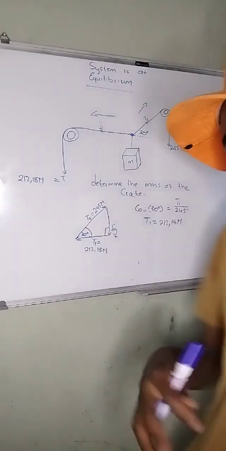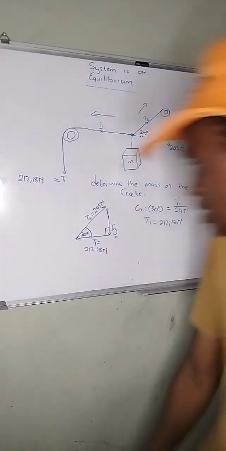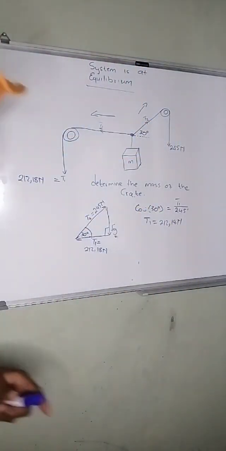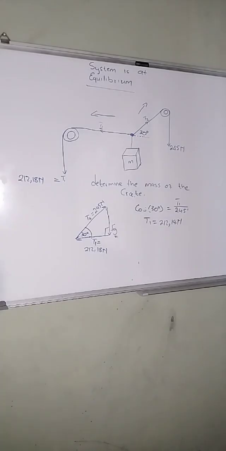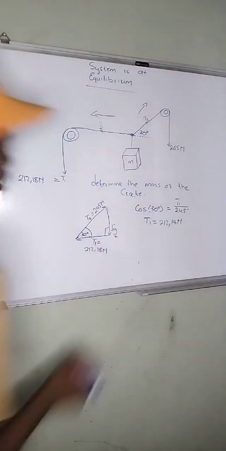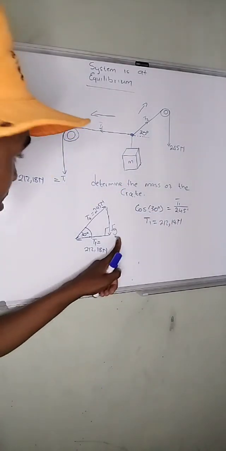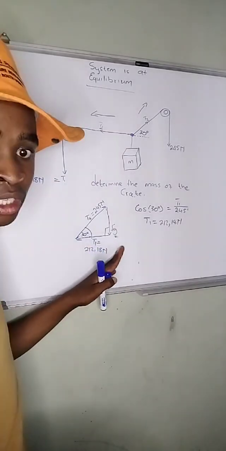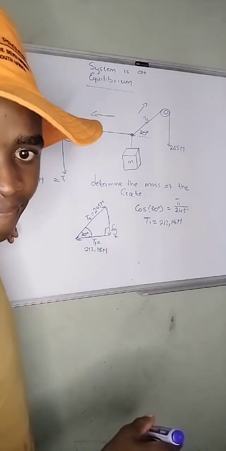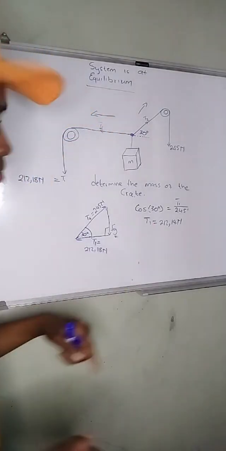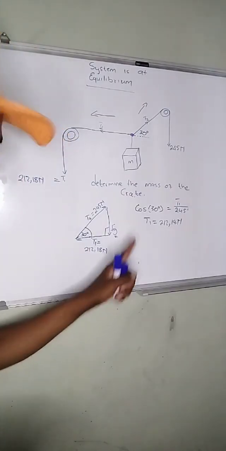You're still not restricted to use the trig ratio. So which trig ratio do you think we should use? We can use which trig ratio to get the force here? It's the same thing.